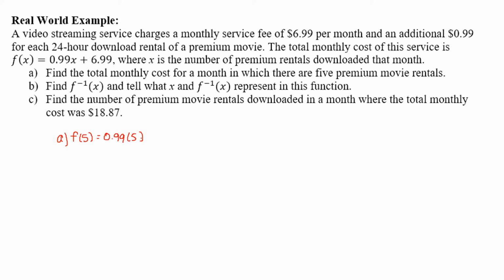So we plug in 5. Go ahead and put it in on your calculator. And we see that we get a total of $11.94. For part B, they're telling us to find the inverse of f of x and tell us what the inverse represents. So inverse, we switch the x and the y.